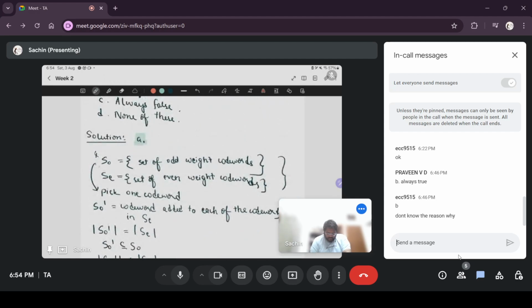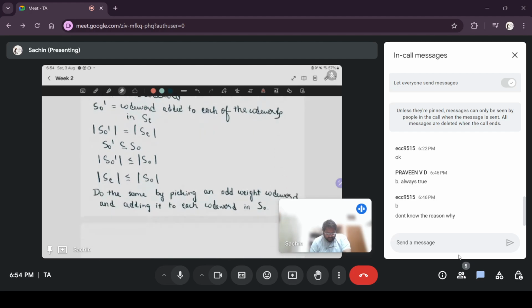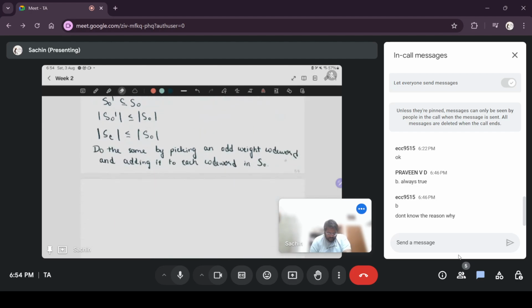So here I picked a code word and added it to the code words in SE. Now pick an odd code word and add it to the code words in SO. Now what will happen? Let's call it SE prime.